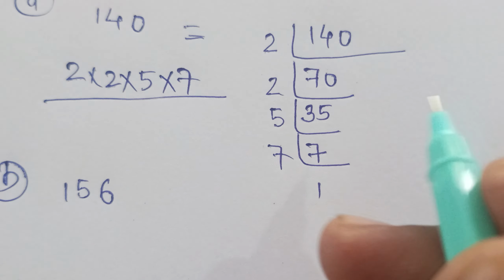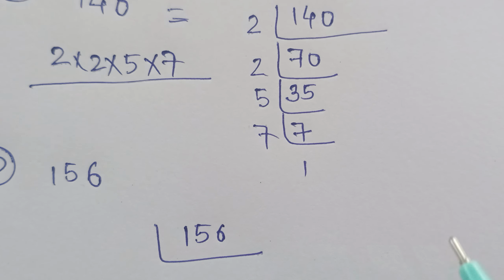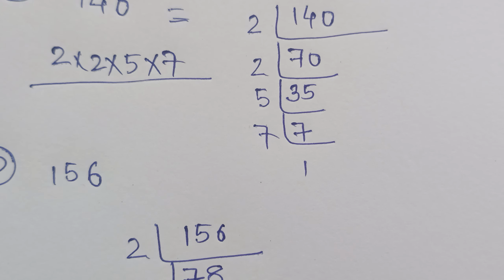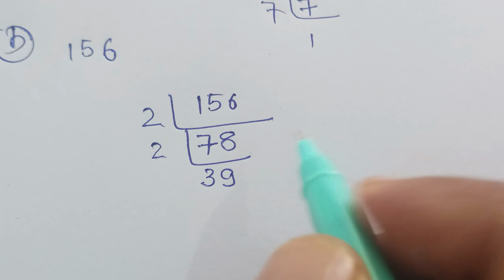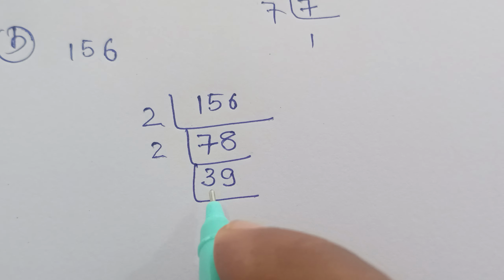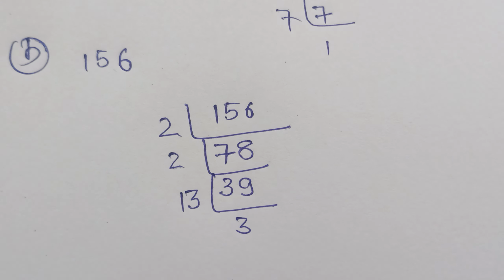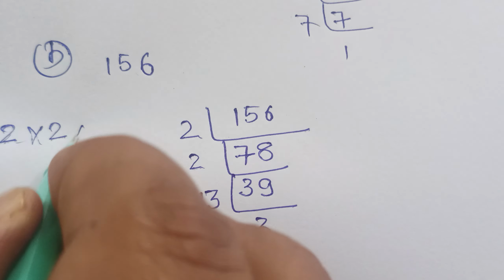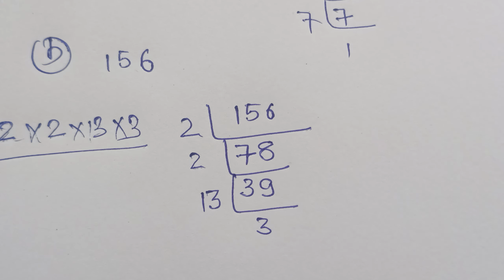Write 156. Always remember to start with a prime number. 2 sevens are 14 and 1, and 2 eights are 16. Now 2 threes are 6 and 2 nines are 18. Now which table gives 39? 13. 13 threes are 39. So now you can write 2 into 2 into 13 into 3. This is the prime factorization of 156.